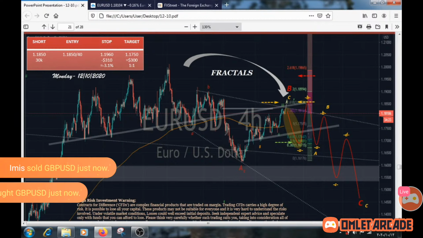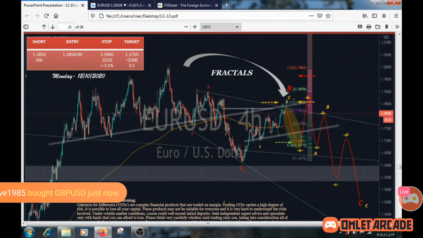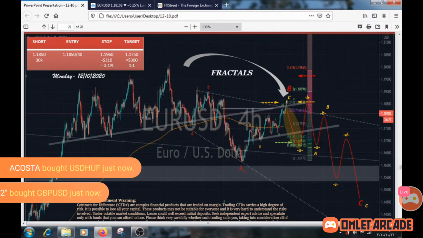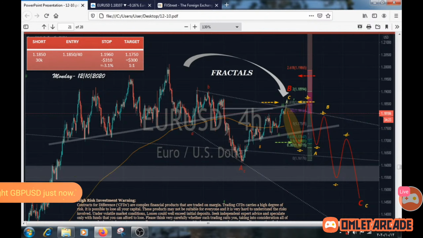If you're entering at 1.40, again, you're out maximum at 1.1747, probably 1.1704.